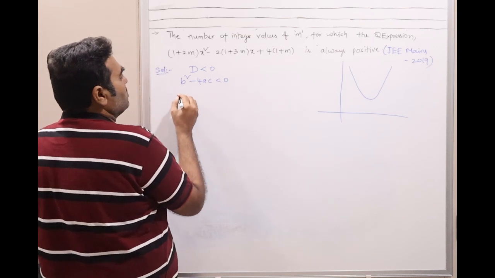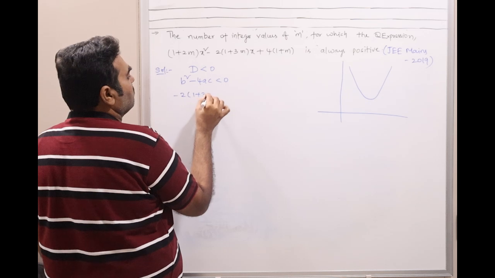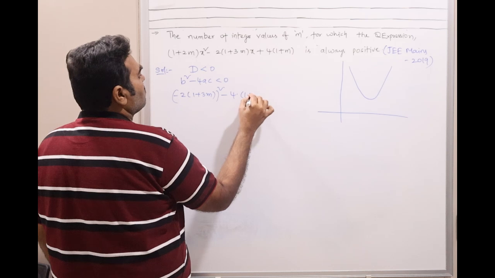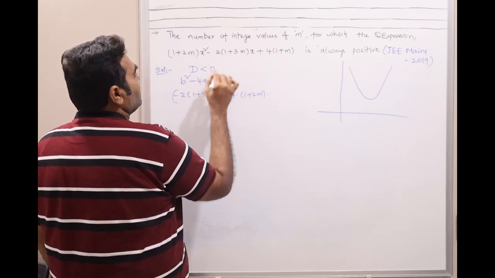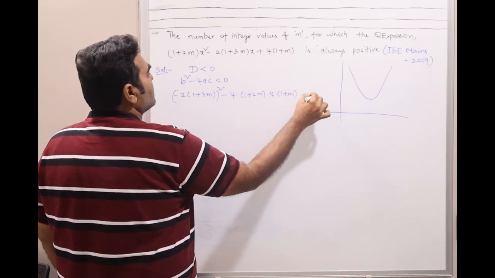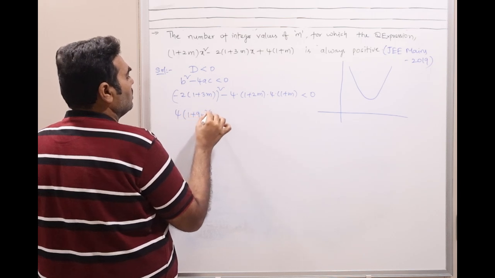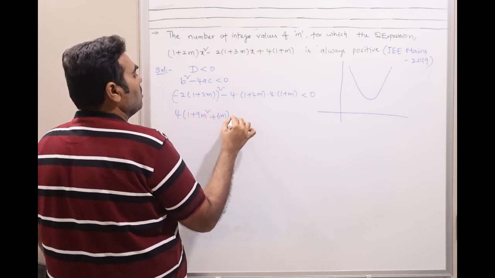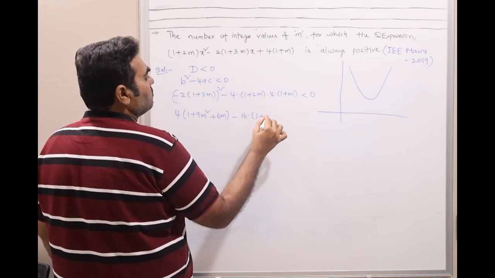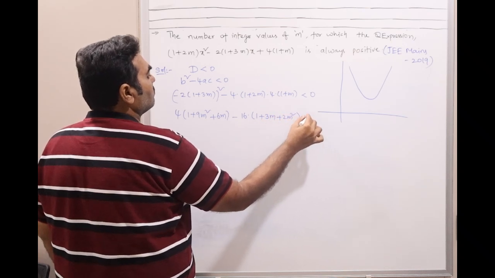So b is −2(1 + 3m), squared, minus 4 times a, which is (1 + 2m), times c, which is 4(1 + m), is less than 0. So if I expand, 4(1 + 9m² + 6m) − 16(1 + 3m + 2m² + m) is less than 0.